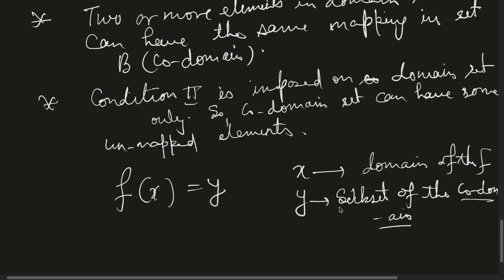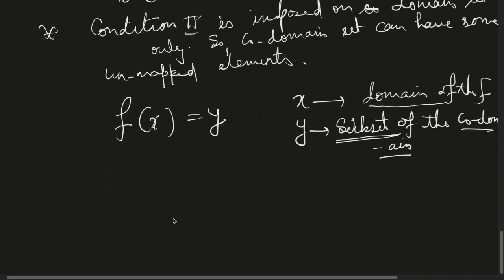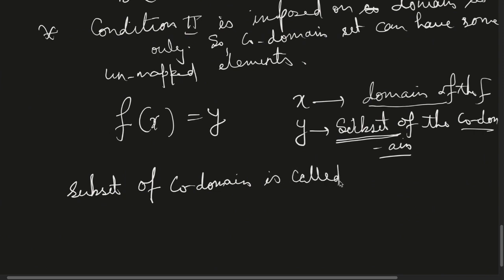You should see this: this is a subset of the codomain, not the codomain itself. And here it is the domain of the function itself. And this subset is called the range of a function, which we will discuss later in the videos. We will discuss these things in the subsequent classes. A subset of the codomain is called the range, which we consider when we write f of x equals y. A subset of the codomain is nothing but the range of the function.